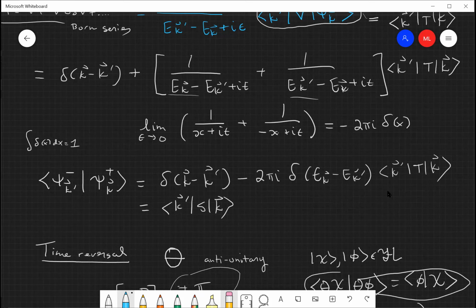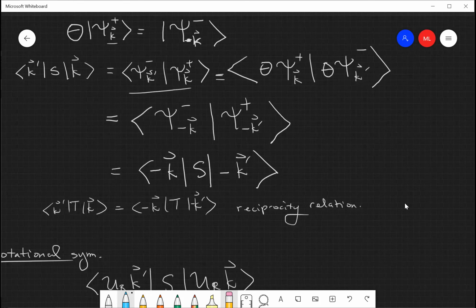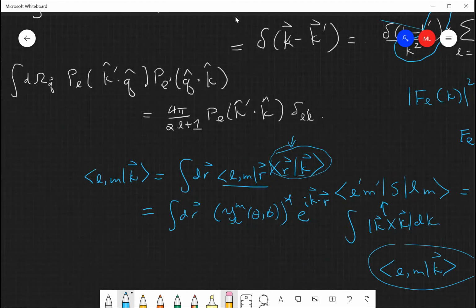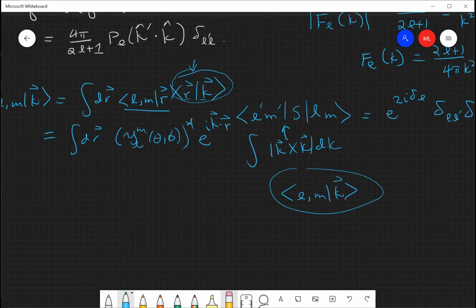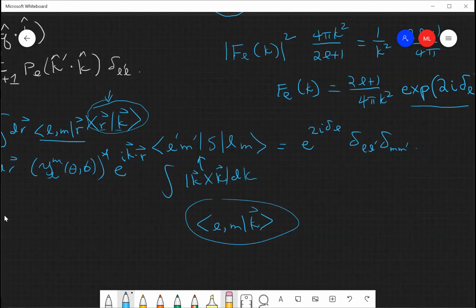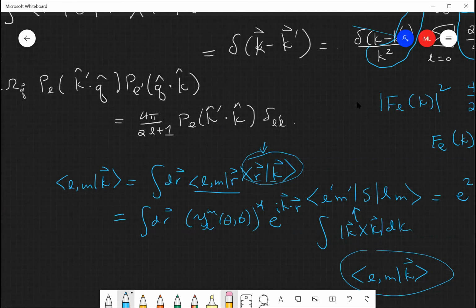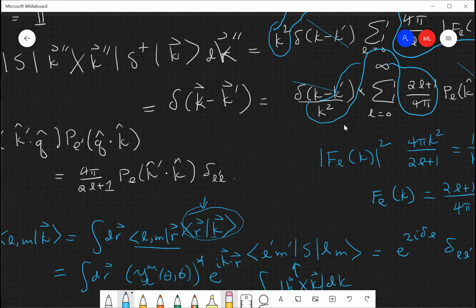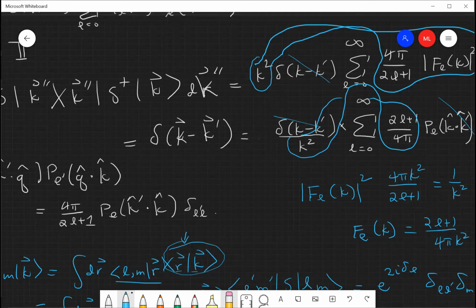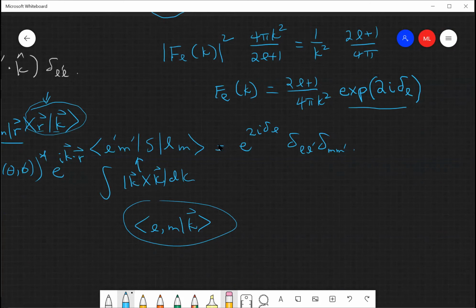And it also tells you how that's related to phase shifts, because we saw that the S matrix is really just those phase shifts. In the partial wave basis, S is diagonal and equal to these guys, e^{2iδ}.